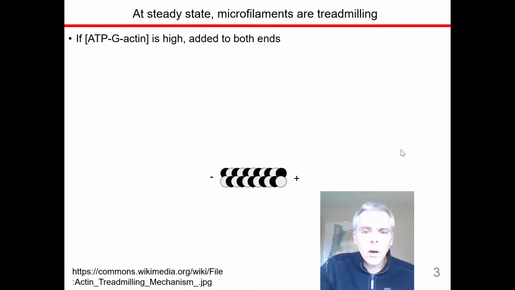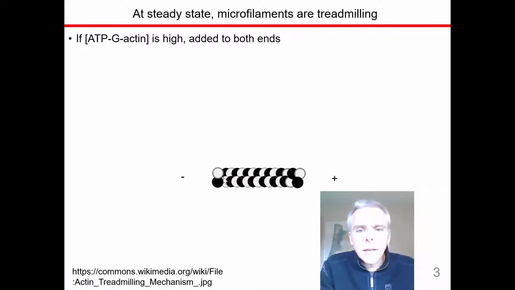So let's move our positive and negative sign here on our microfilament to give us some room. We have the plus end over here. This is the minus end, and again what that means is we're going to grow faster on the plus end than we will on the minus end. So we can see we're adding those ATP G-actin monomers. We added more on the plus end than we did on the minus end.